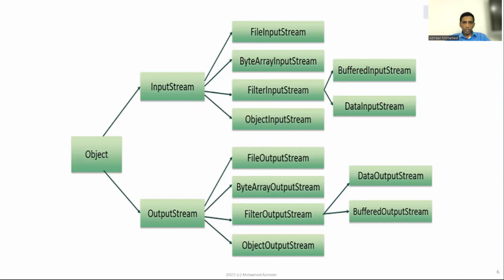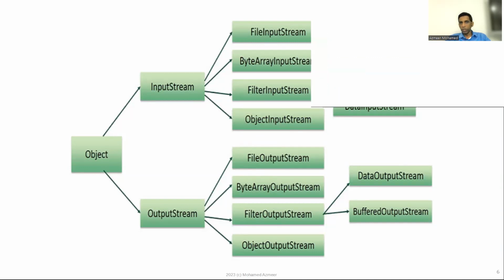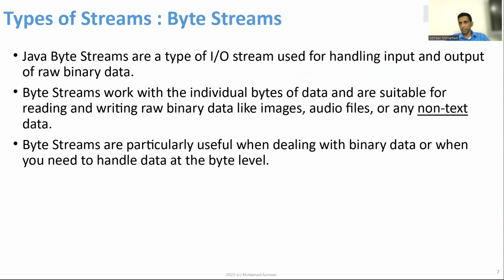So let's take each one and try to understand how to actually use these in our real world examples. The first one, the byte stream. Java byte streams are a typical type of I/O stream used for handling input of raw binary data. What do you mean by raw binary data? Anything that is non-text.